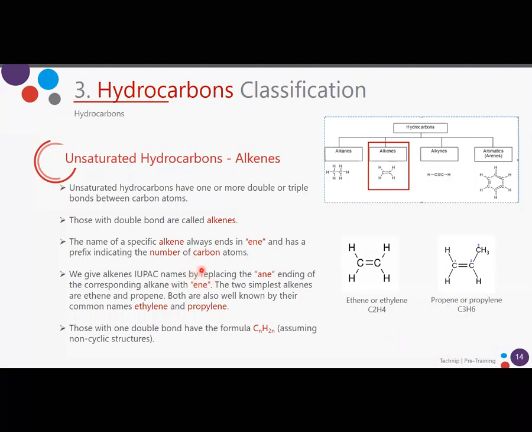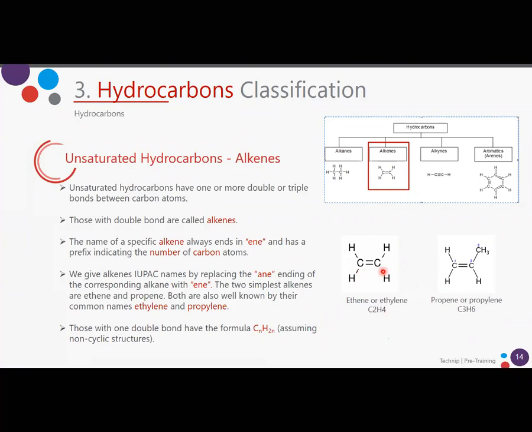As we saw before, there are some very well-known alkenes that are not known by the IUPAC names, but by common names. These are two examples. We have here the ethene.